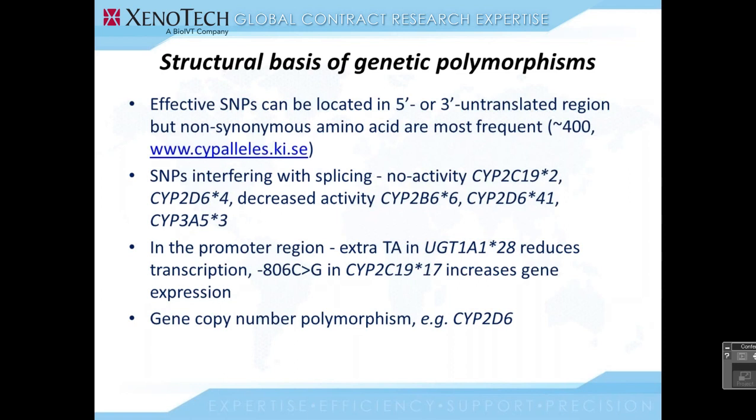Single nucleotide polymorphisms interfering with splicing can lead to no activity alleles such as CYP2C19 *2 or CYP2D6 *4.